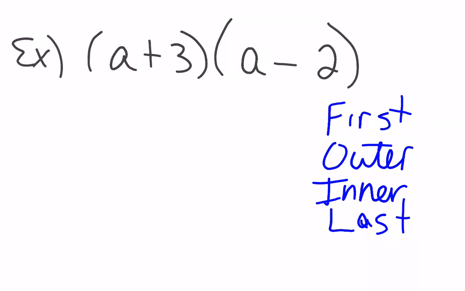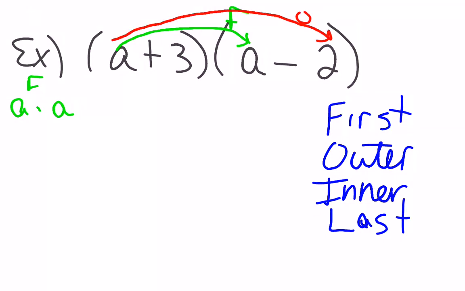So when we look at our first, that's the first term times the first term. So that's our F. So that means we're going to do A times A for the F of FOIL. And then we do our outer, so that means the very outer ones here.